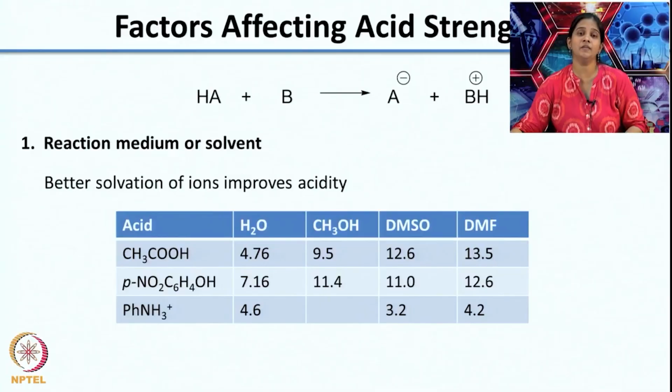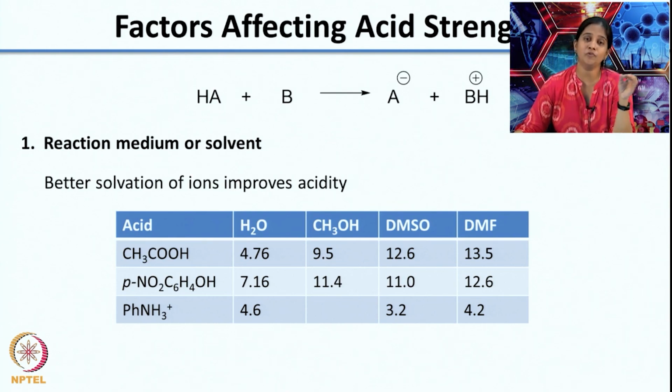In water, acetic acid has a pKa of 4.76 because the conjugate base is solvated very well. But as you go to methanol, the pKa increases because now solvation is less, and then as you go to DMSO and DMF, you see an increase in pKa.